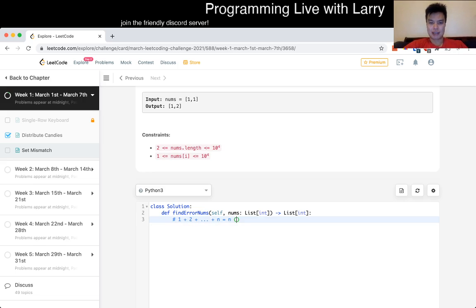N times n plus 1 over 2, or n minus 1 maybe. I always confuse those. But is that good enough for us to figure out the answer?